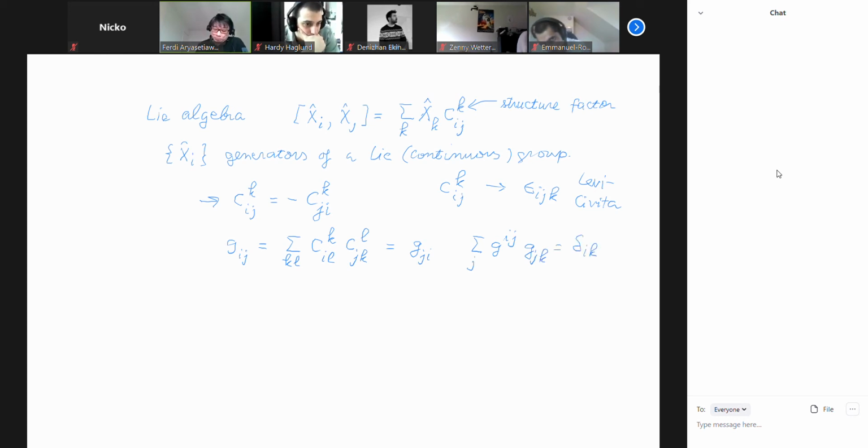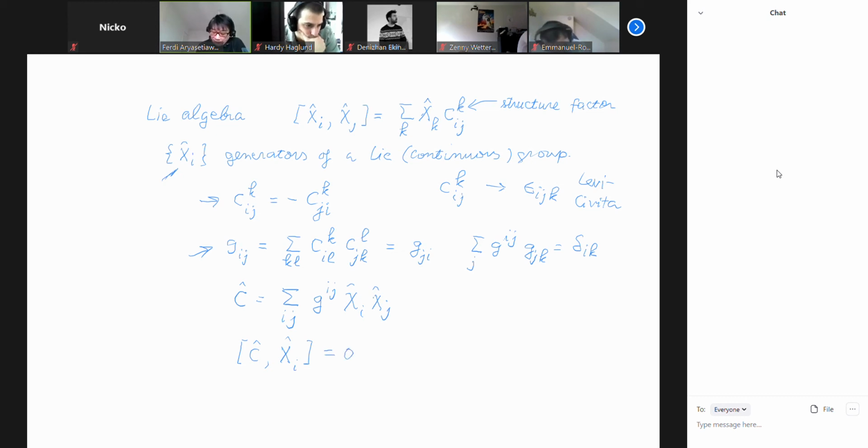And then we can show that if we form the following operator, where this is now the inverse of this matrix here, this operator commutes with all the generators.